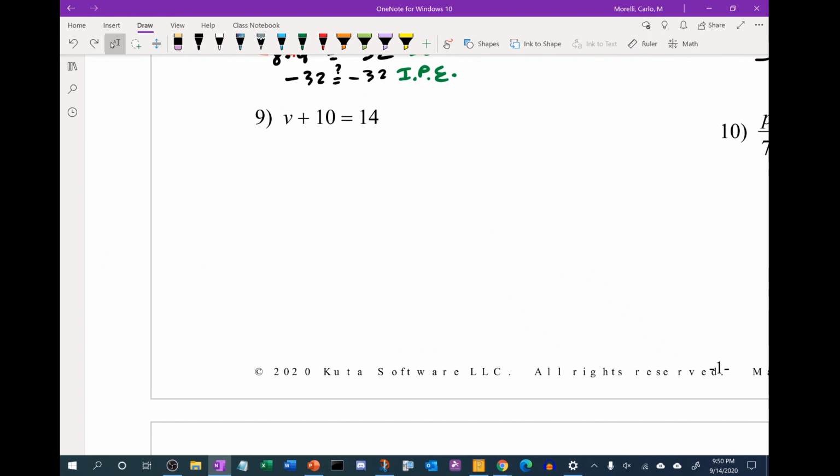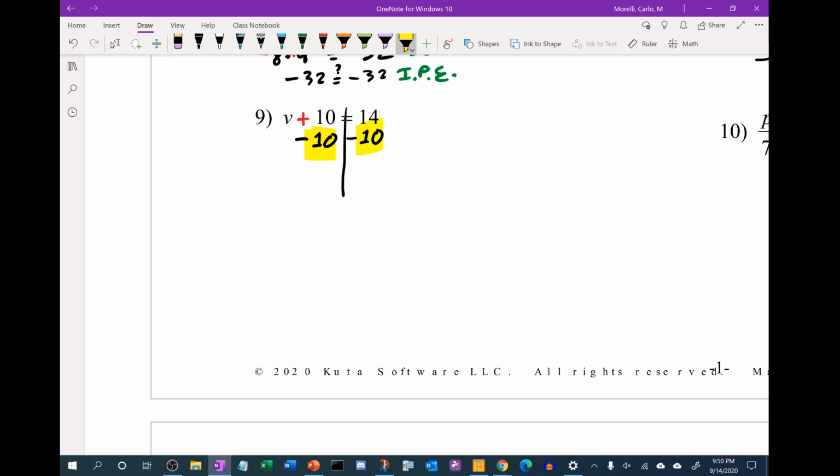Number 9, v plus 10 equals 14. Well, we are trying to get v by itself. So I've got v plus 10. What is the opposite of plus 10? Minus 10. But now I'm out of balance, so I better go over here and do minus 10 as well.